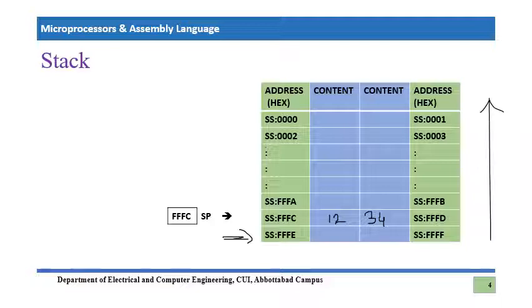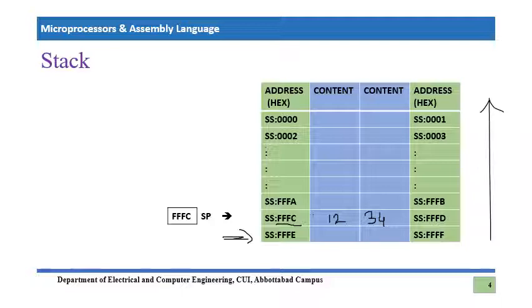This is because the pointer always points to the very last address which is used. Since this is the last address which is used in the stake, the pointer will point to this location, and we can see the value of stake pointer is FFC. This is the FFC, the value of offset, and it is also the content of stake pointer.